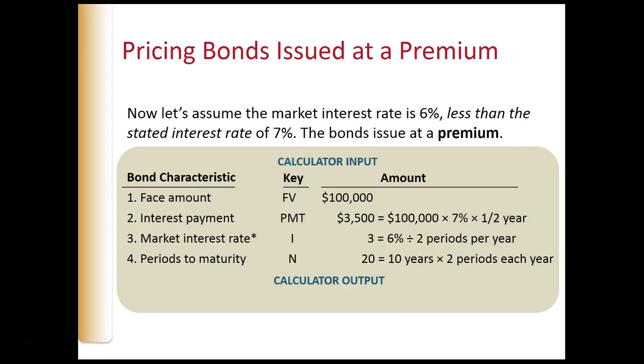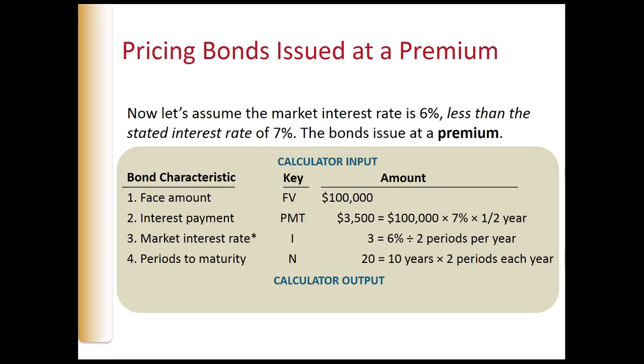In this case, investors are going to pay more than 100,000 for these 7% bonds, since they look pretty attractive compared to bonds that are just paying 6%. So in this scenario, we say these bonds are being sold at a premium. A premium occurs when the issue price of the bond is above its face amount.